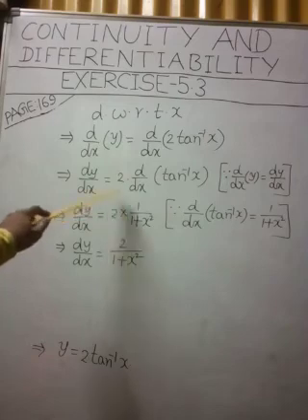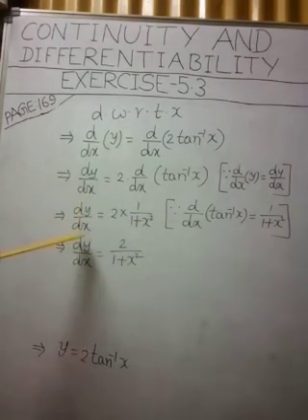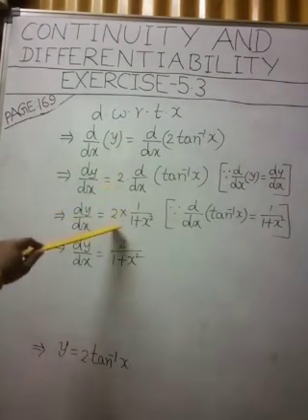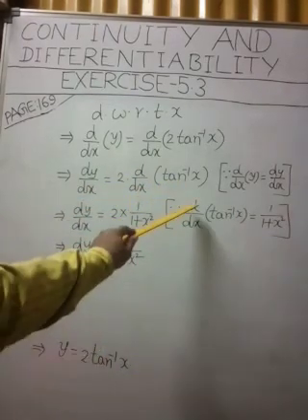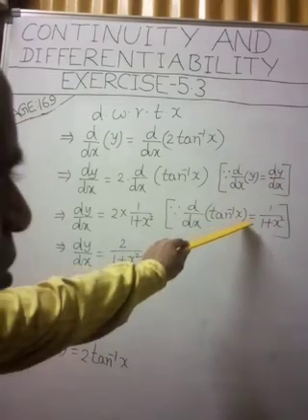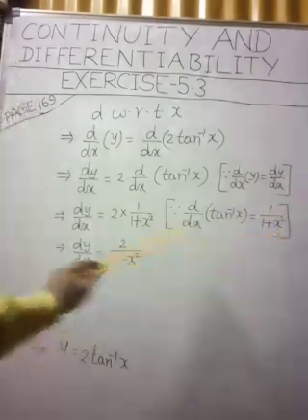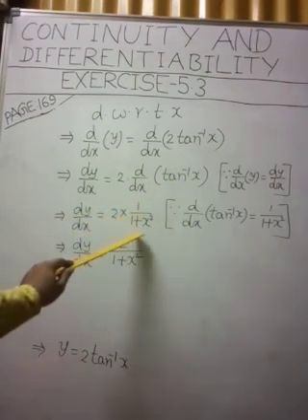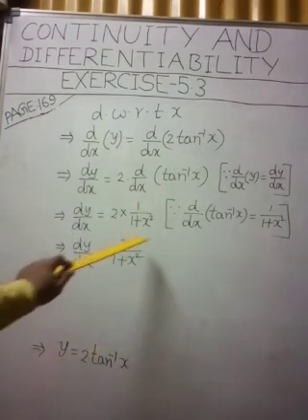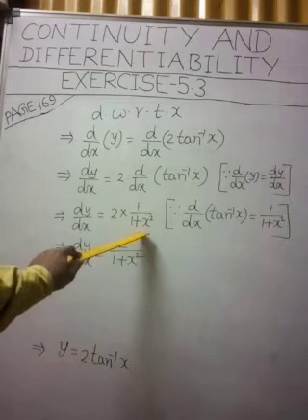You know the formula, d by dx of tan inverse x is equal to 1 by 1 plus x square. That is why I wrote here d by dx of tan inverse x is equal to 1 by 1 plus x square. Understood this part in RHS?